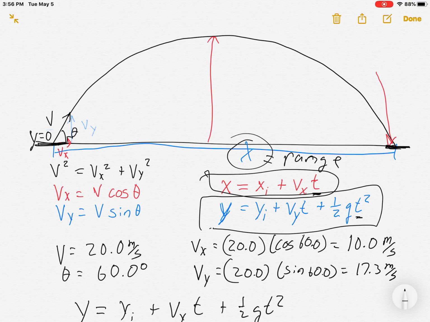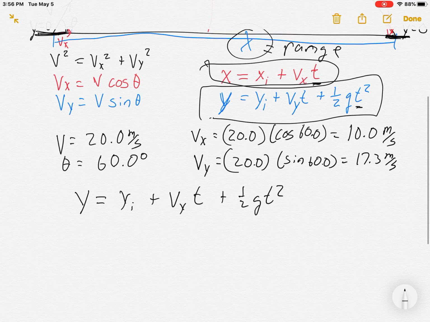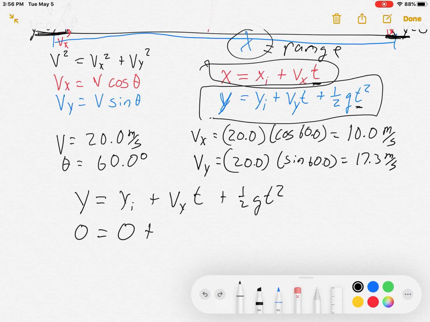If we look at where we end, we also end on the ground, and so y over here is also equal to 0. And so what that means for our equation is that where we end up at the end of this trip is 0 on the ground again, and where we started was on the ground. So when we start plugging in our numbers here, those two are already zeros.